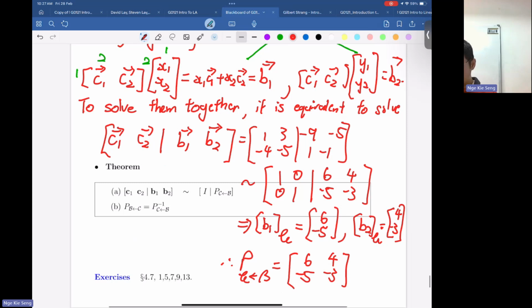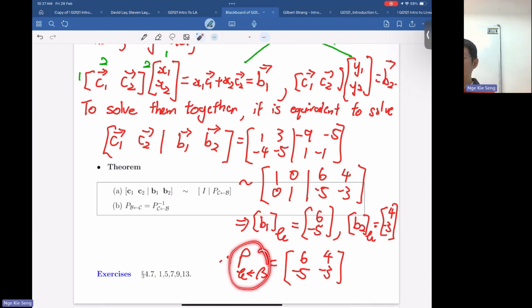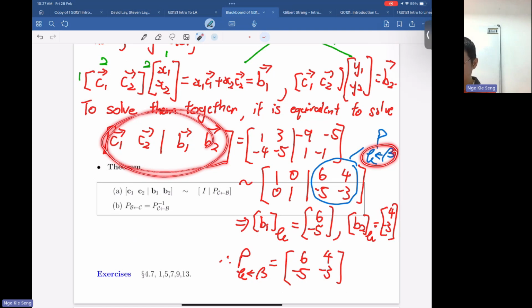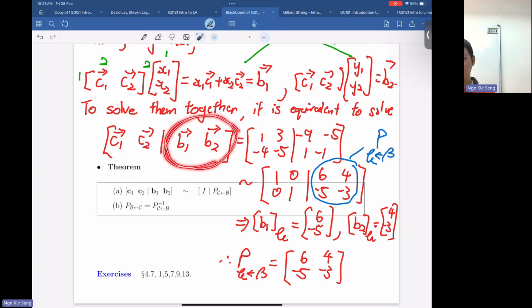So how do we justify this notation here? If you find your matrix in this way, this part here will become your P from B to C. Why is it written in this way? Because when you solve this augmented matrix, you put your basis B on the right hand side and your basis C on the left hand side.